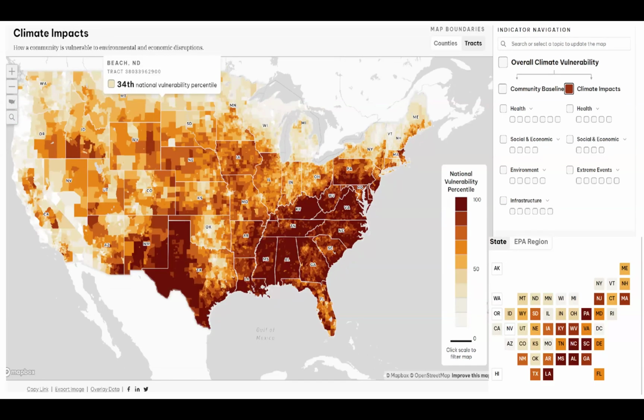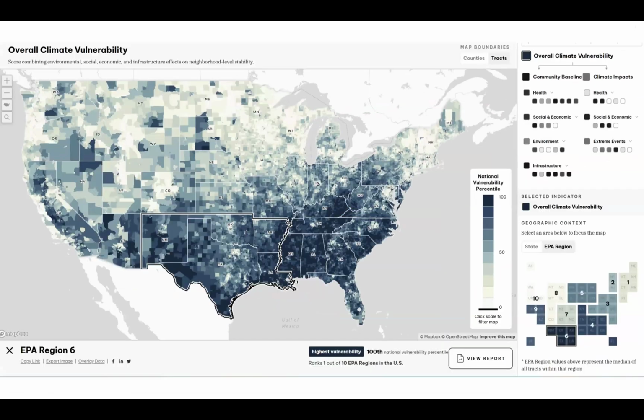The next one is the climate. As you can see, the southeast parts, Texas area, is highly affected by climate impacts. And this one is to show which region has the highest overall climate vulnerability.